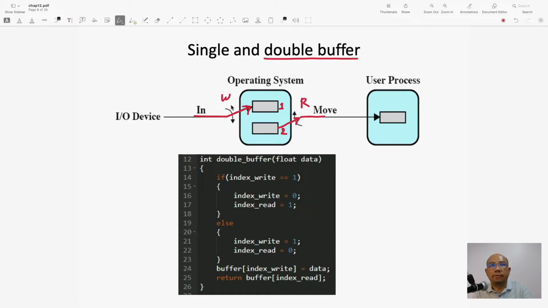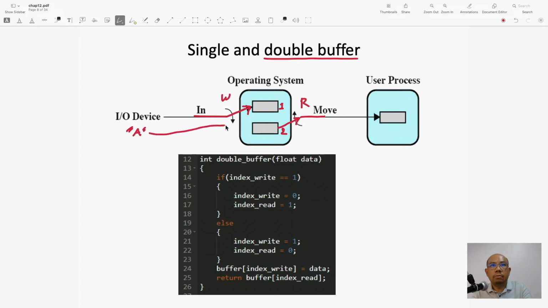Here we have a write pointer and a read pointer, sometimes called the write index and read index. And here, when I type on the keyboard, I type the A here.